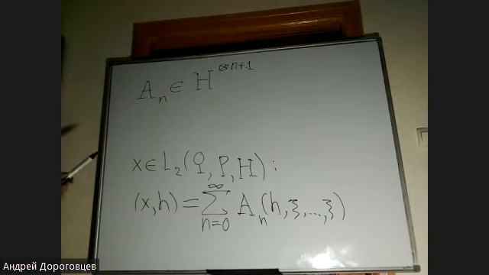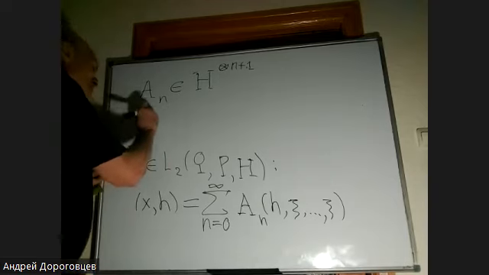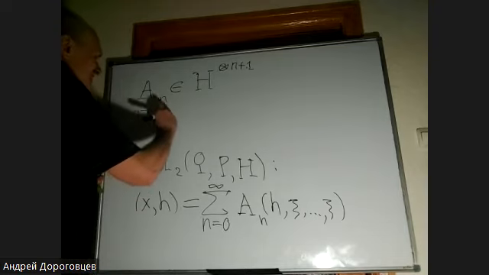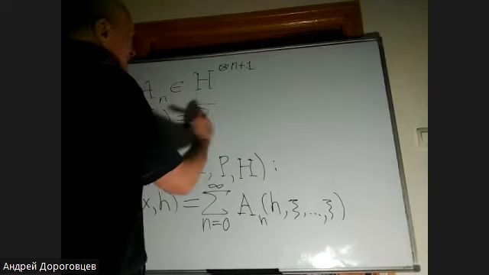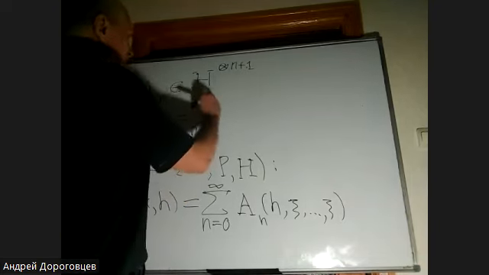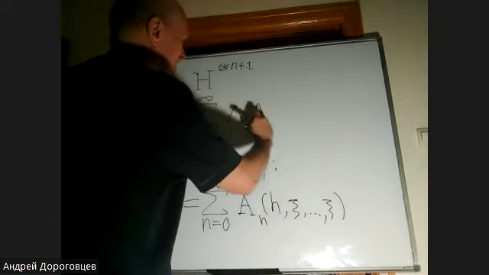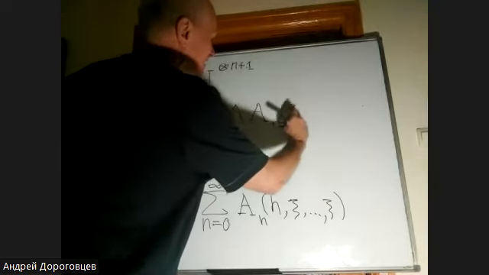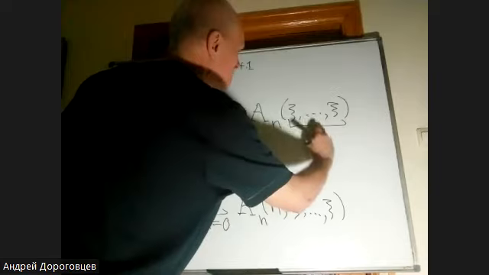So now, how does the action of the adjoint operator look? It occurs, and it is a good exercise to check this, that Ex is equal to the sum from n equals 0 to infinity of a_n with psi. But let me recall that here we have n plus 1.